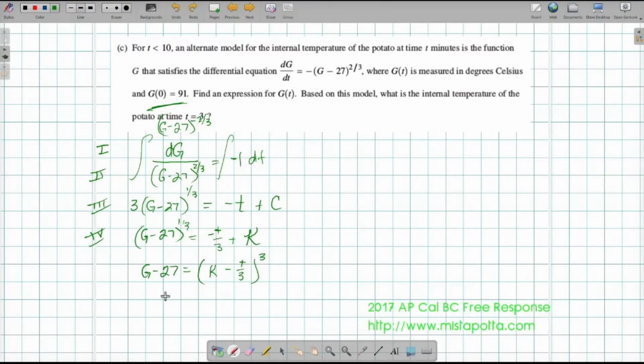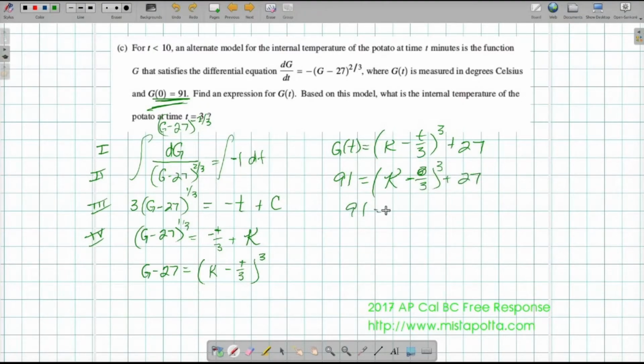And then I can move this 27 over. So what I've got is g of t is really equal to my constant minus t over 3 cubed plus 27. And now I can use this tidbit here. So I have 91 equals k minus 0 over 3 cubed plus 27.